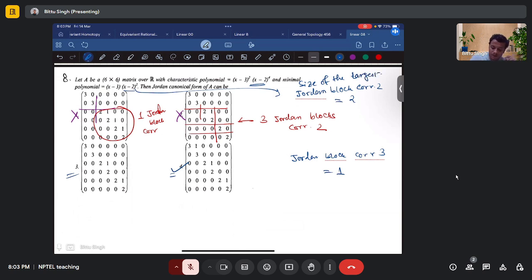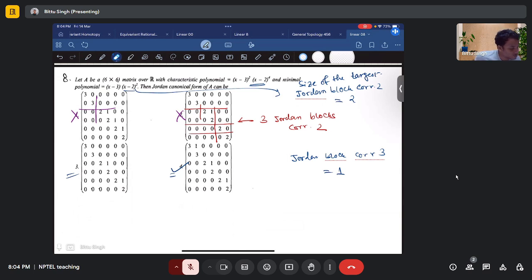Sorry for the error. Whatever I said about the number of times Jordan blocks appear for an eigenvalue actually gives the geometric multiplicity. So whatever I have just said is actually wrong. Sorry.